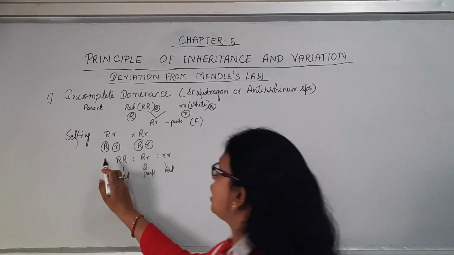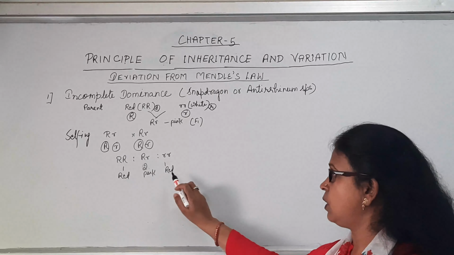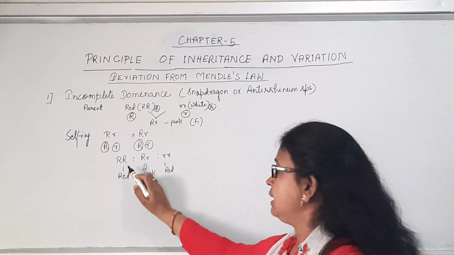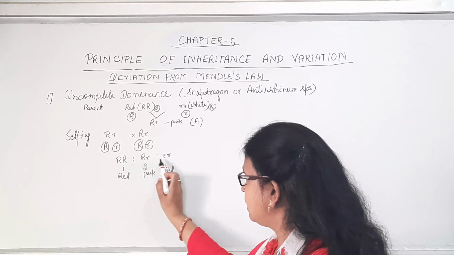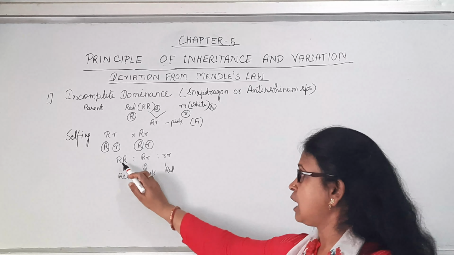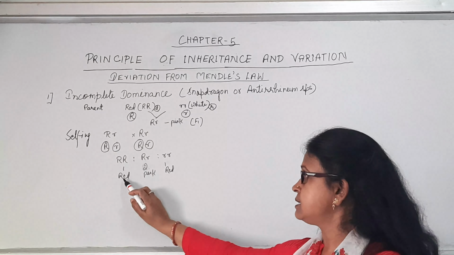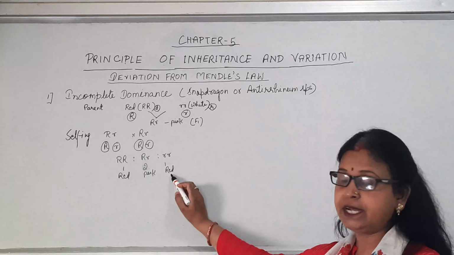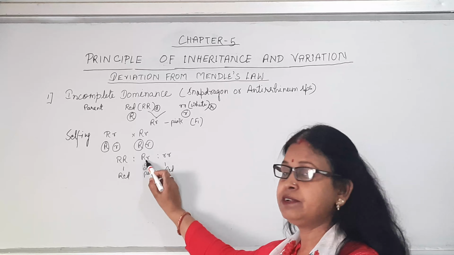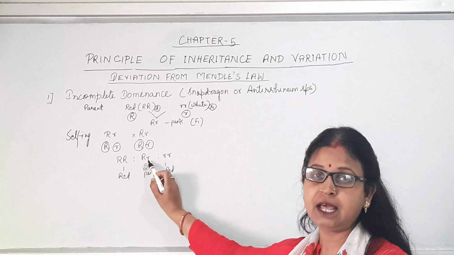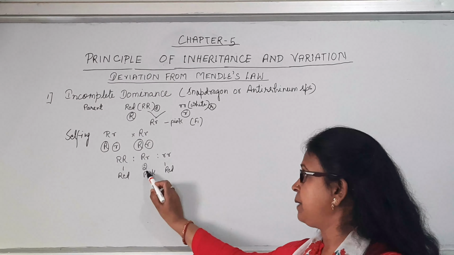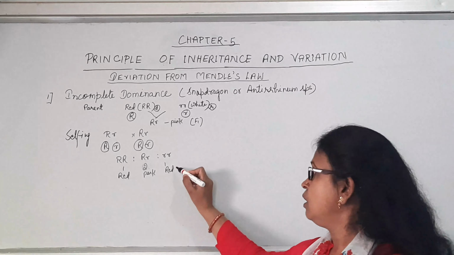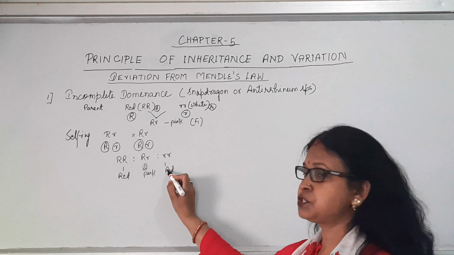Now when it was allowed for selfing, again two types of gametes were produced, capital R and small r, and through the checkerboard, as we have discussed earlier, it will show three types of plants. One capital R, capital R, that is red in color, then one small r, small r, that is white in color, but the two plants which are heterozygous, that is capital R, small r, are pink in color. That means here the phenotype as well as genotype ratio both are 1:2:1.